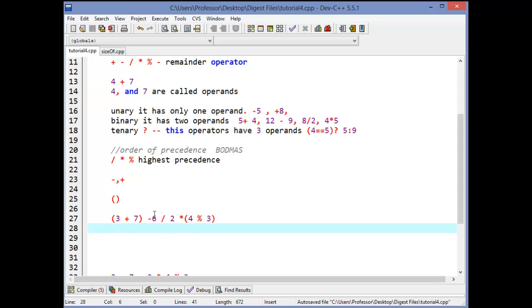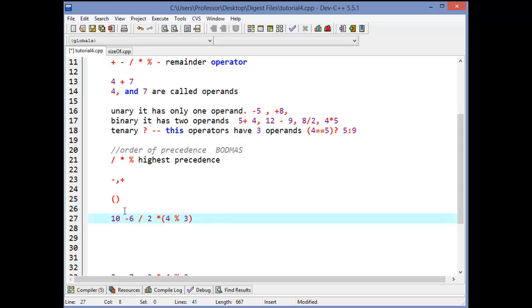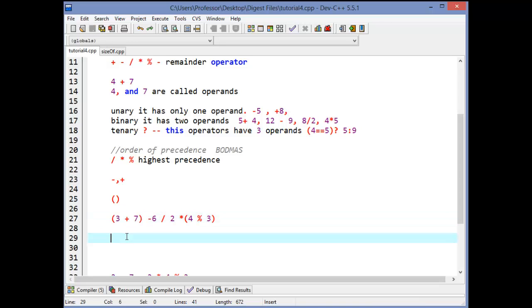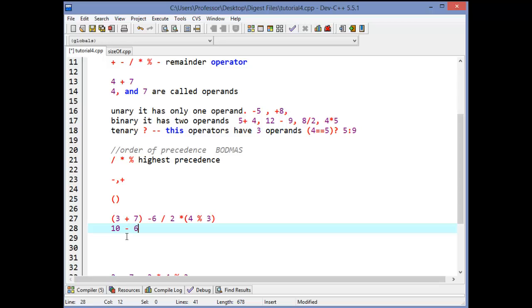So here, despite the fact that addition is between 3 and 7, because of this parenthesis, it will be evaluated first before any other. So if C++ is solving this first, it's going to deal with this, and that will produce 1 2 3. So that will give us 10. It will not touch this 6.